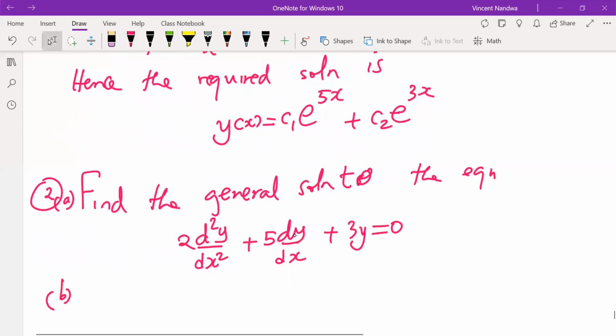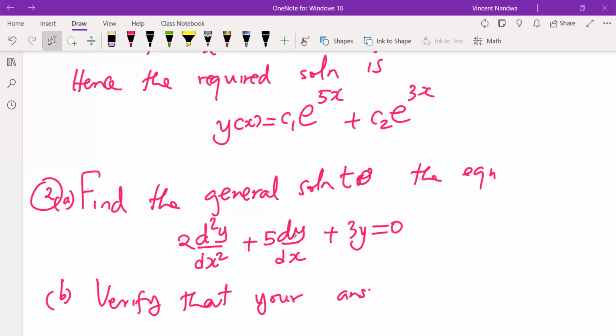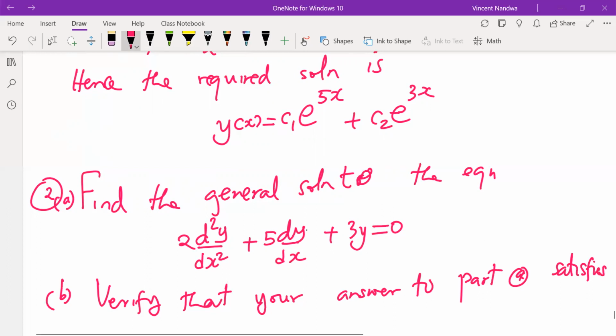And then second part, verify that your answer to part A satisfies the equation.